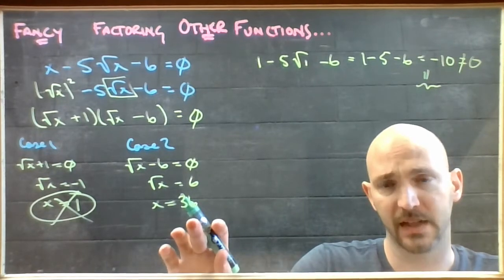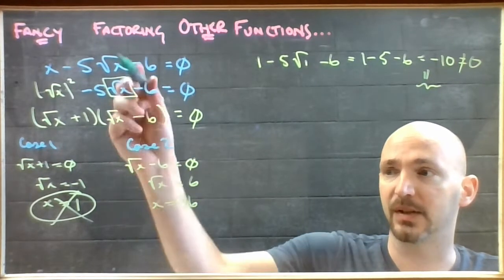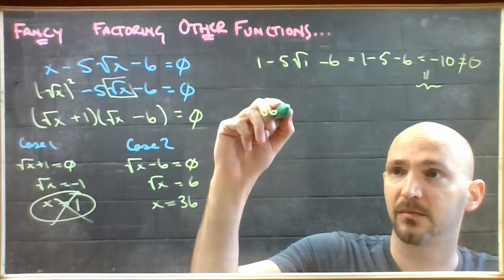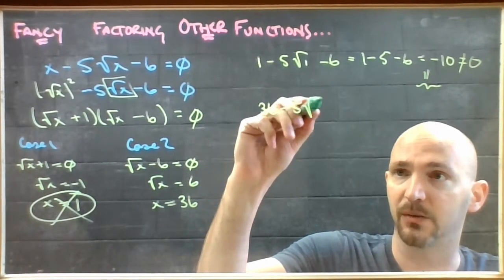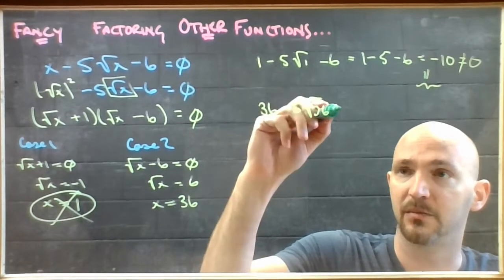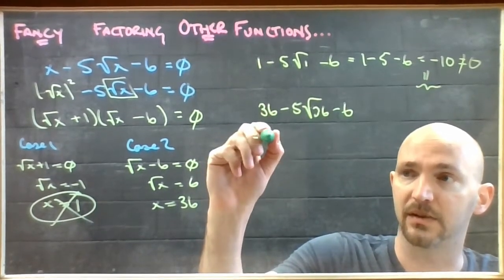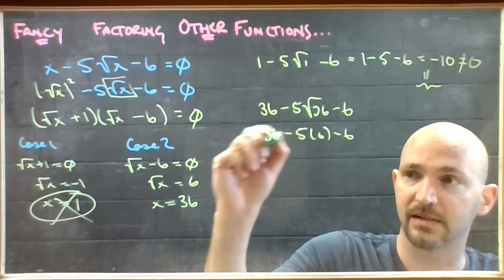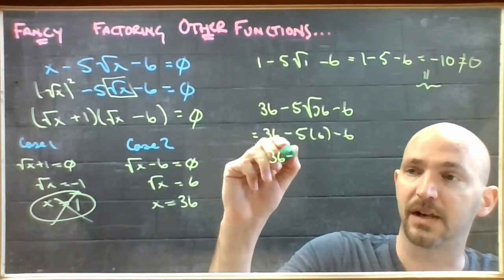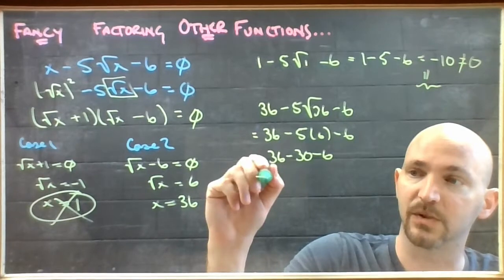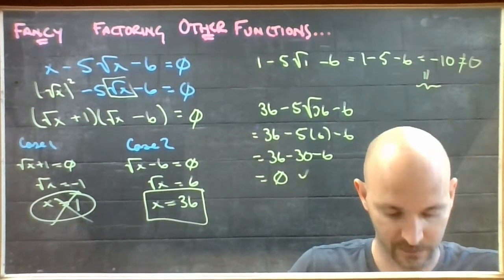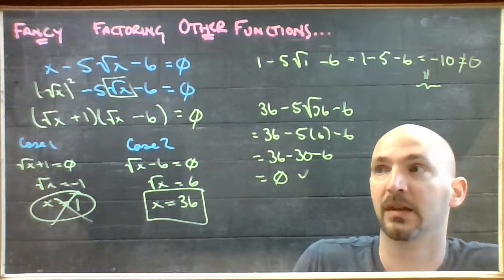So if I try the other solution, using 36 as my x, 36 minus 5 times the square root of 36 minus 6 would be 36 minus 5 times 6 minus 6, should be 36 minus 30 minus 6, which is 0. That one worked. So this solution is valid for that particular equation.